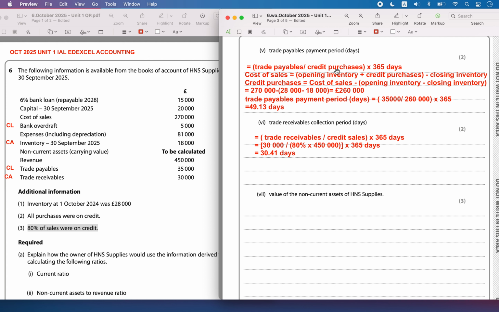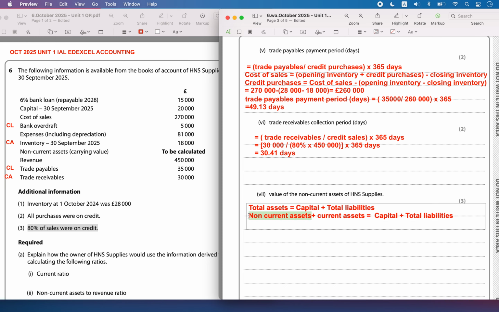Then what is the value of non-current assets of the HNS supply? We have the total assets, which must be equal to capital plus total liabilities. So they should be equal. Let's substitute here.